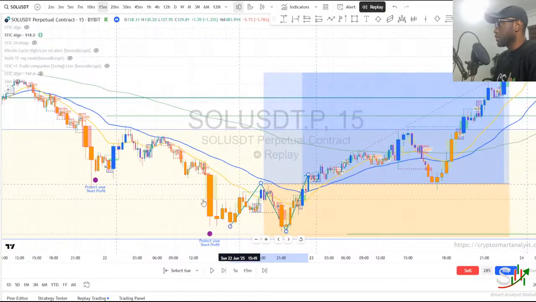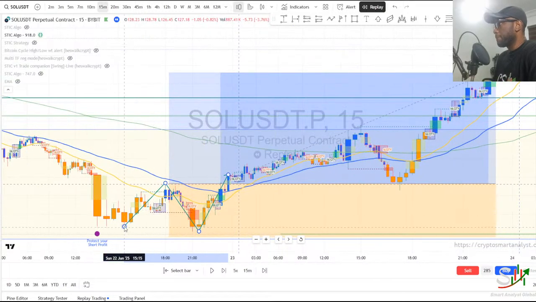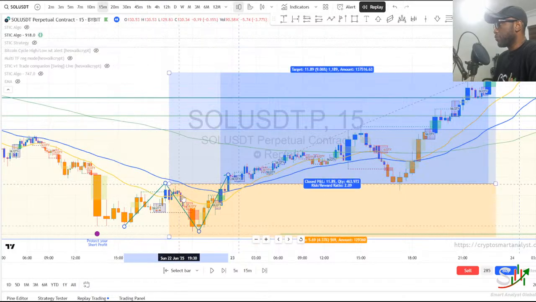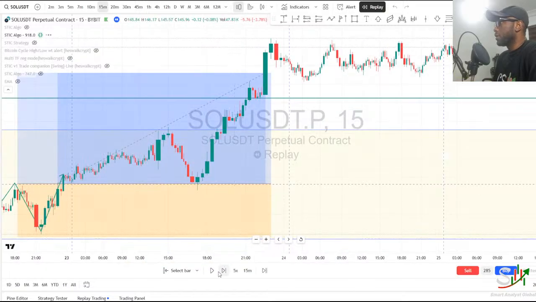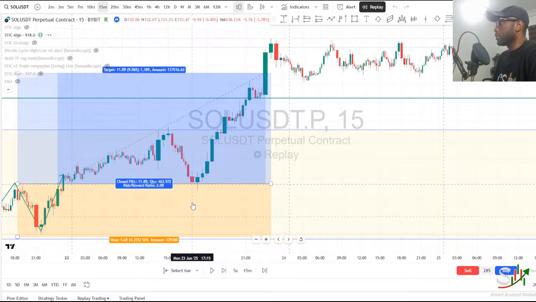So this was it. Market changed character here. This was the first break of structure on my medium time frame. It changed character, and what's up with the network? Come on. Oh, okay. It's not playing.